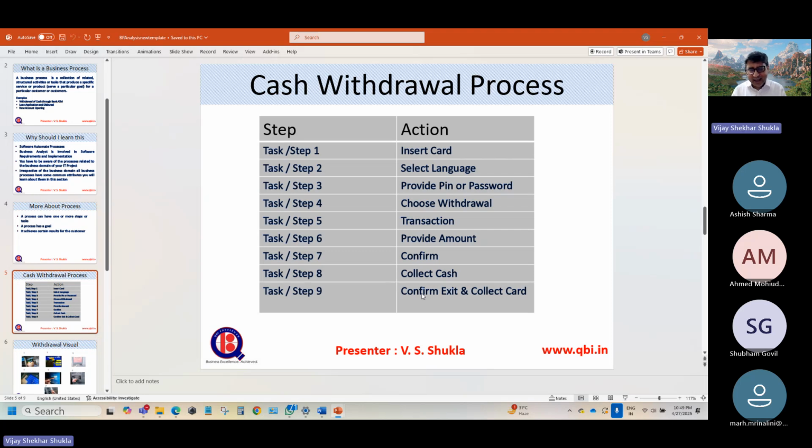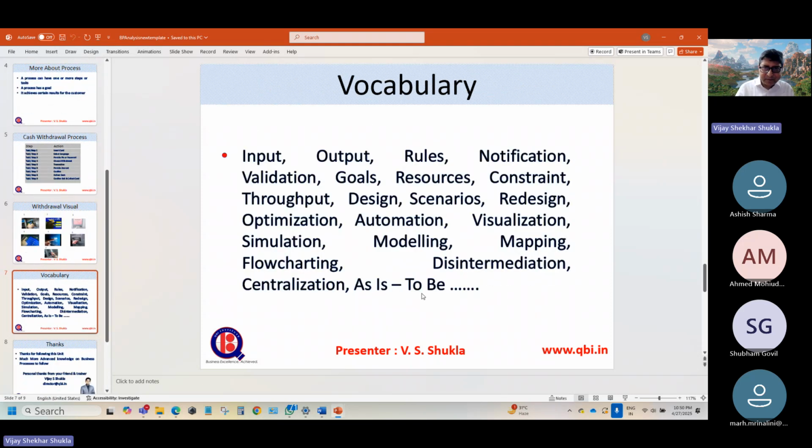So you can see a typical cash withdrawal process from an ATM could have these 8-9 steps. With some other bank, with some other ATM, there could be a variation in the process. But remember, a process will have a goal, a process will have repeatable steps, it will consume some resources, and it will generate some value. This is something which is very basic.